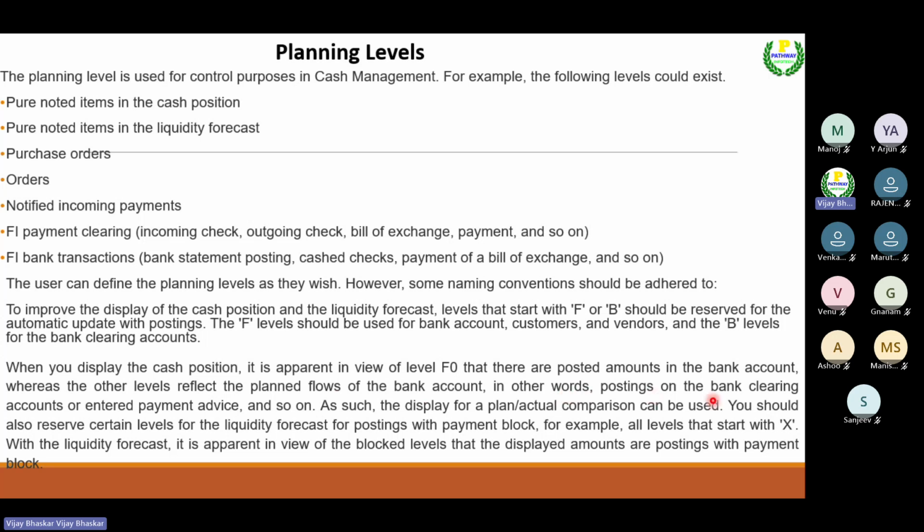In other words, postings on the bank clearing account are entered payment advice, and so on. As such, the display for a plan-actual comparison can be used. You should also reserve certain levels for the liquidity forecast for postings when payment is blocked.